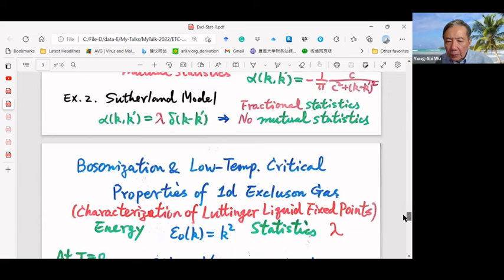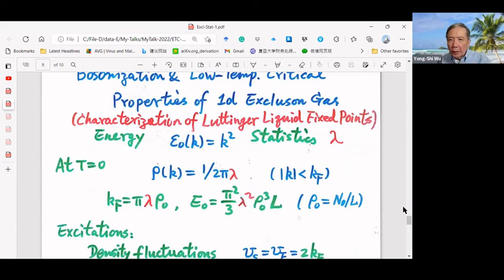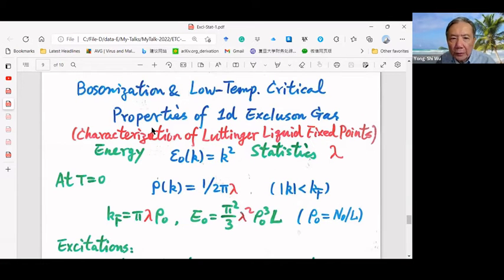All right. So yeah, we also did a work using the exclusion statistics, and we use the bosonization trick to get the low temperature critical exponent. And we find that when the temperature is close to absolute zero, we can define the operators and recover the low energy behavior of the whole system to be the Luttinger liquid.